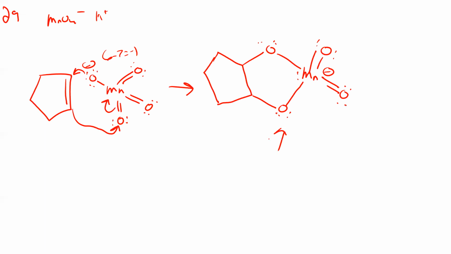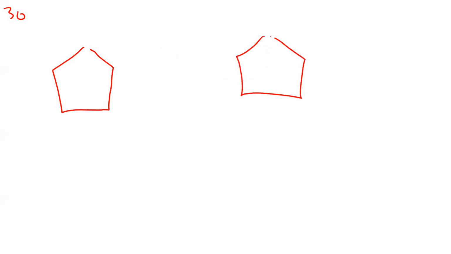Let me go back to 30. So what we're going to do is have 2 5-membered rings. On one ring, you're going to draw them in the up position, and the other ring, you're going to draw them in the down position.